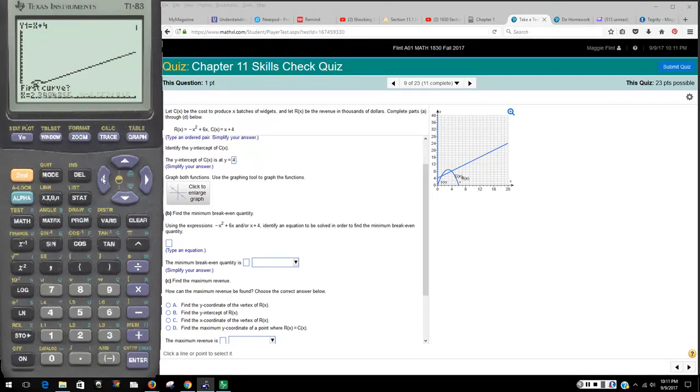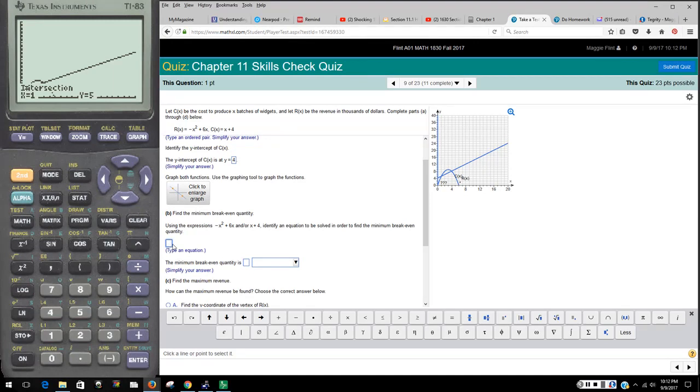So what you want to do is move close to the x-axis and hit enter 3 times, and it says the first intersection point is at 1, 5. So the break-even quantity is going to be 1 widget.